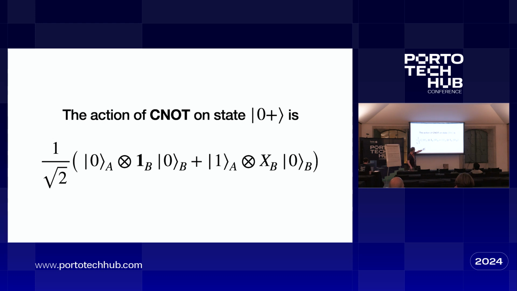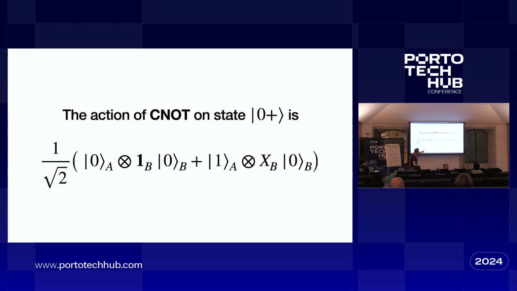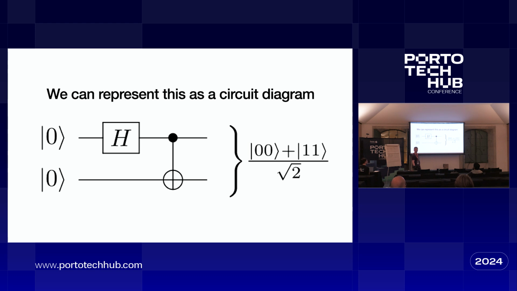You can see that it's acting with 1, or the identity, over there, and with X over there. X meaning not. And what I get out, just from acting nothing on there and X on there, is this beautiful Bell state, right? So I've created entanglement by this combination of two gates. So that's a standard quantum circuit to do that.